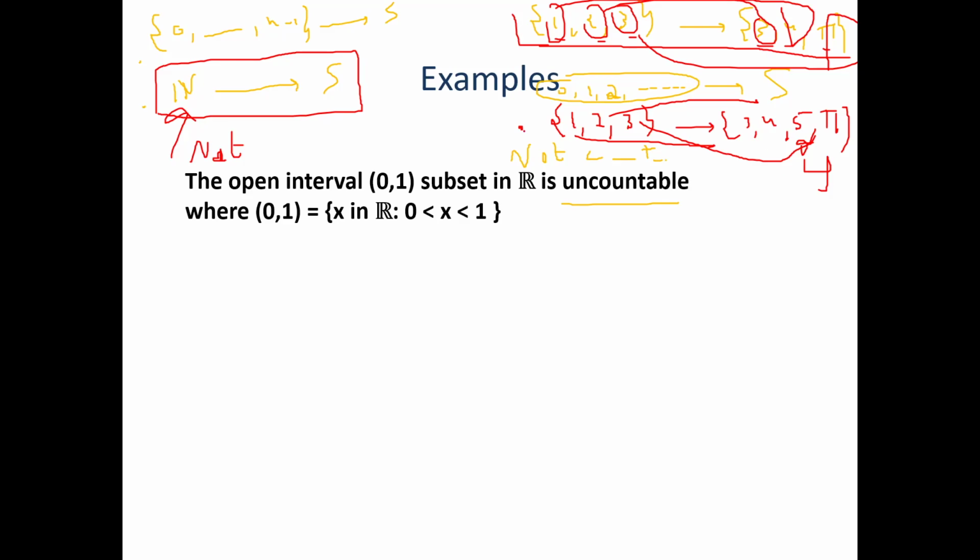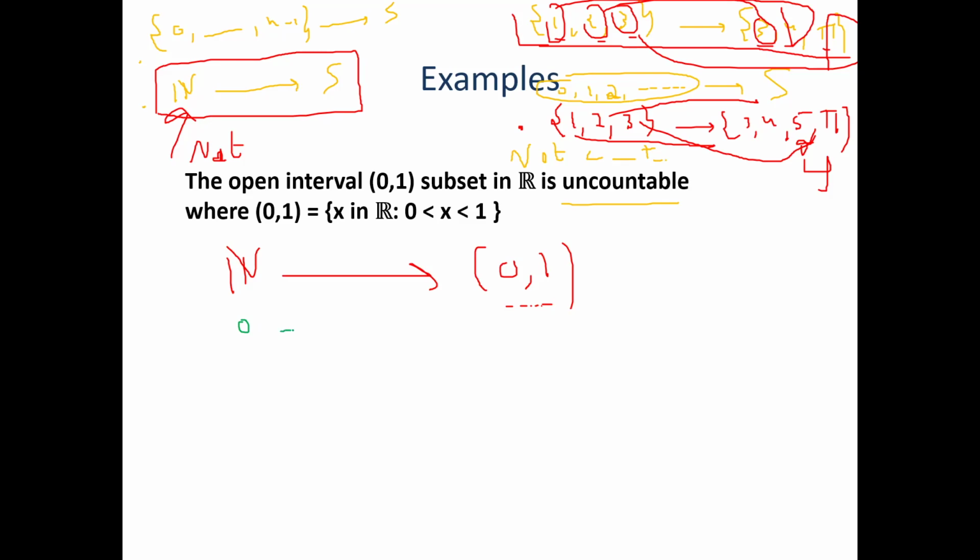We're going to assume that I have a bijection from N to the set 0, 1, and I'm going to reach that I'm undercounting. What does it mean? I have some element here that I actually didn't count. Okay, let's start counting.